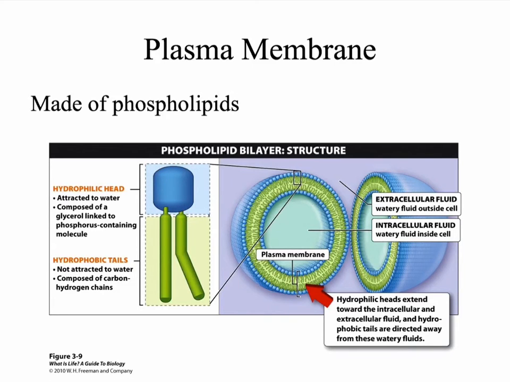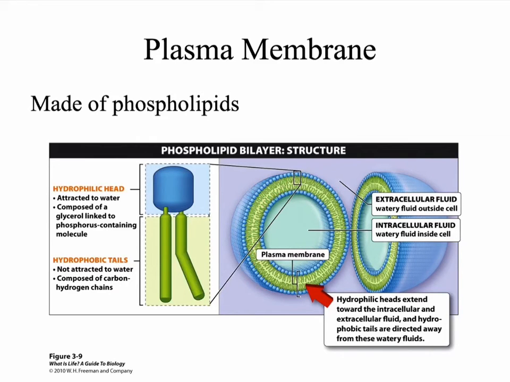It likes to be around water. And the other end is hydrophobic with these two fatty acid tails. So phospholipids will form a bilayer where these fatty acids will hide in the center while the phosphate heads face the water, both on the outside of the cell and on the inside of the cell.